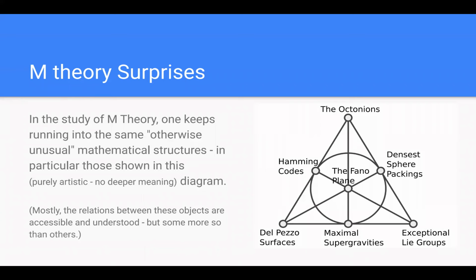Mostly what we see here are mathematical objects: the Fano plane, densest sphere packings, clearly the octonions as well, the exceptional Lie groups. Then the Pasch surfaces, that's perhaps something that really only people with a background in algebraic geometry know much about. Hamming codes, however, that's coding theory.